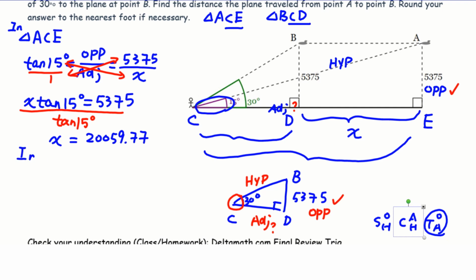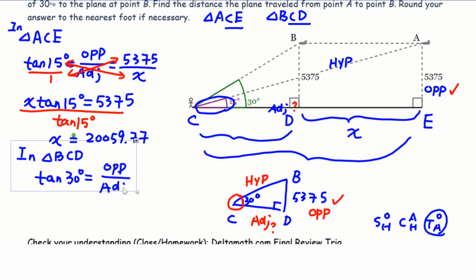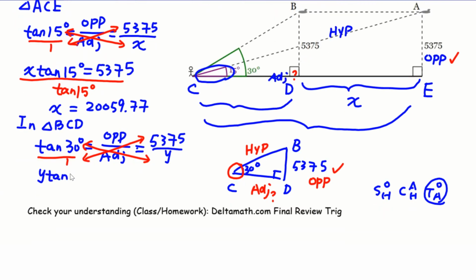So in triangle BCD, we are going to do tan 30 degrees equals opposite over adjacent equals 5375 divided by, we could use y, then cross multiply again, y times tan 30 equals 1 times 5375, then do the division.